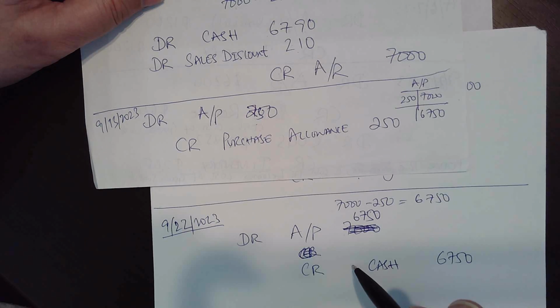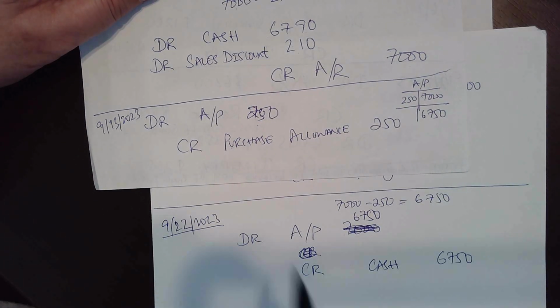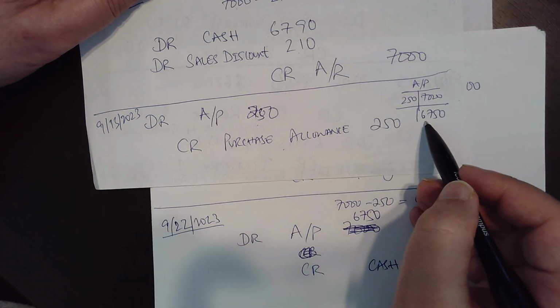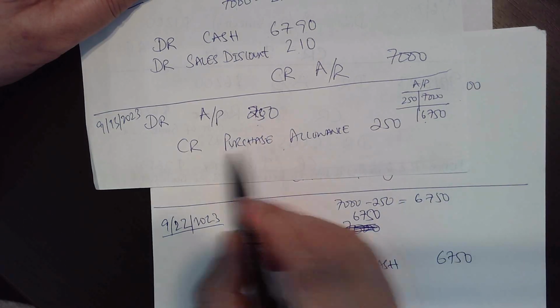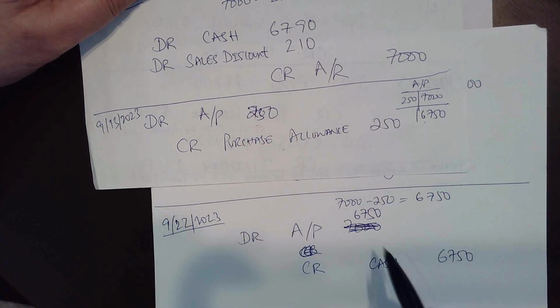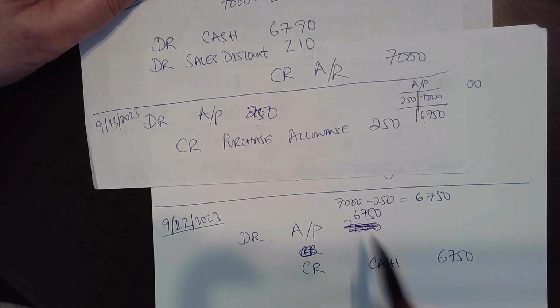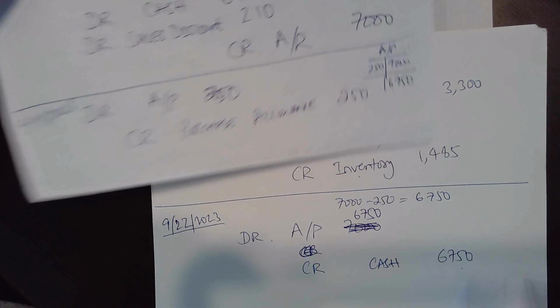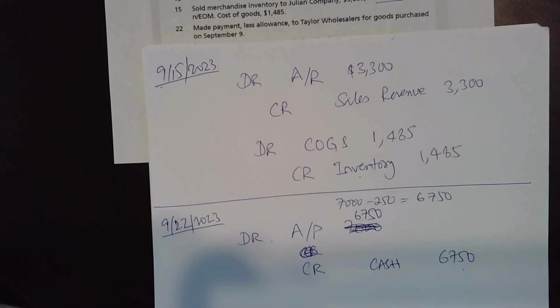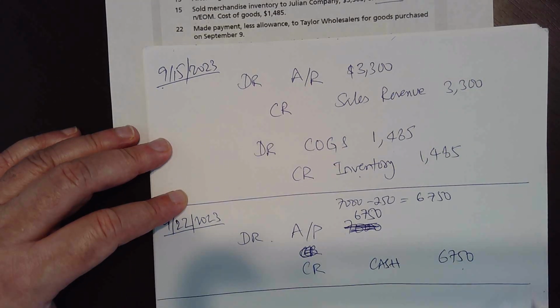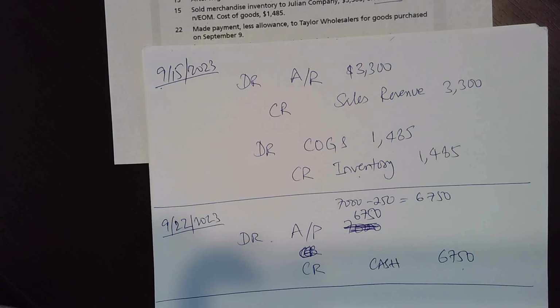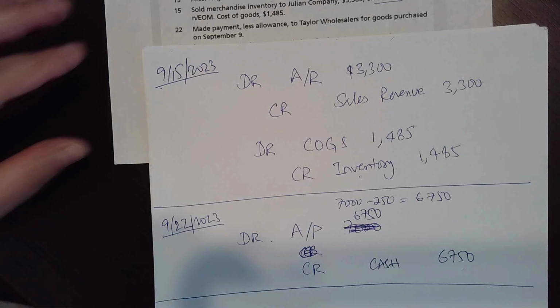If I do it again, it will be double dipping. Once you do that, you reduce the accounts payable. So once you do this, both are recorded. So all you have to do is to debit accounts payable for 6,750 and credit cash for 6,750. You don't have to do it twice. Otherwise, your purchase allowance would be $500.